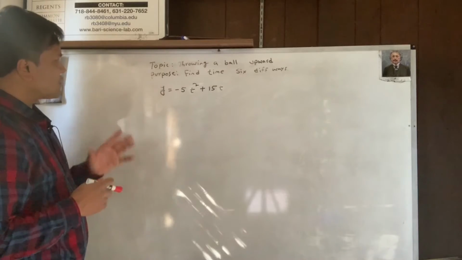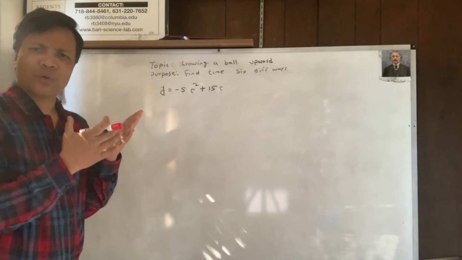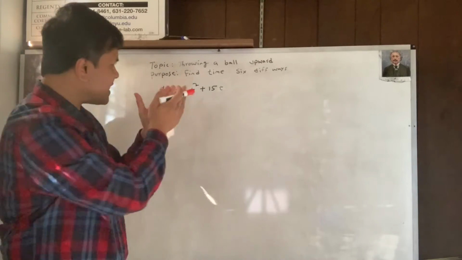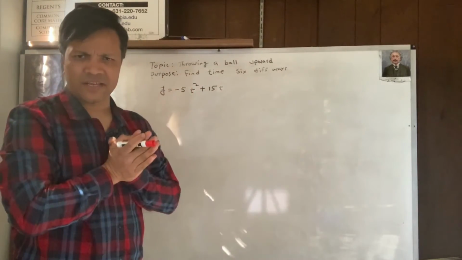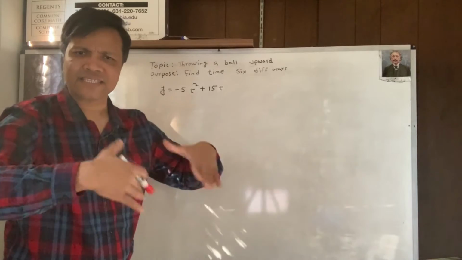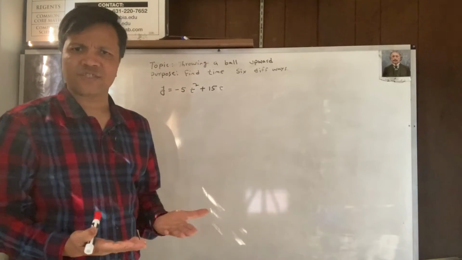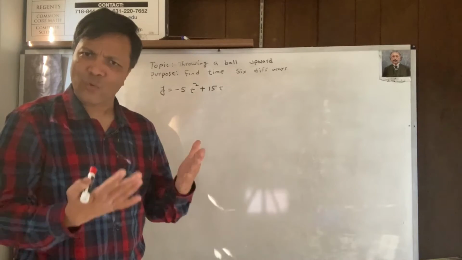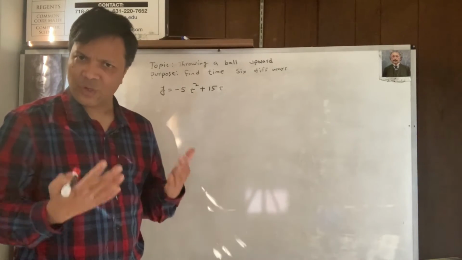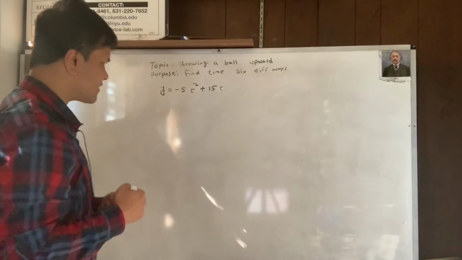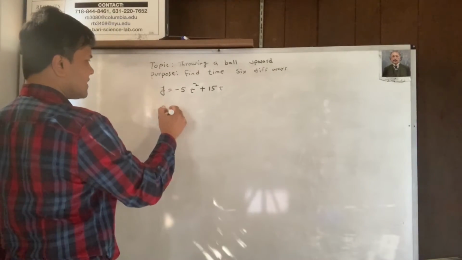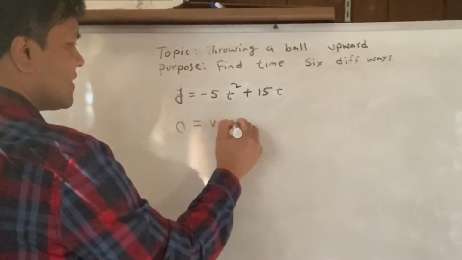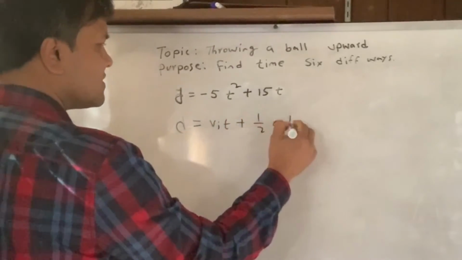Alright, to understand it a little bit more, if you don't see acceleration negative 10 over here and initial velocity 15 over here, you write it a little differently. You tell the story different way. Hopefully that way you would notice the initial velocity and the acceleration. What am I talking about? Let's write this equation. D is v0 t plus half a t squared.